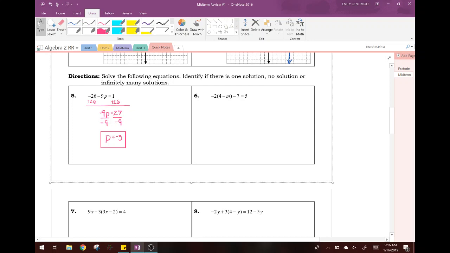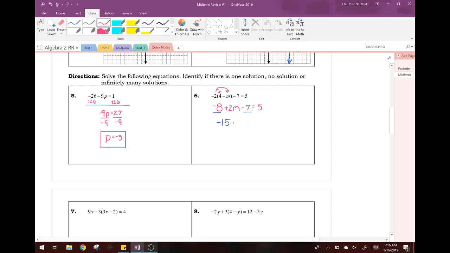In the next example, before I even get started with combining like terms, I have to distribute. So I get negative 2 times 4, which is negative 8. Negative 2 times negative m, which makes 2m. Then the minus 7 and the 5. At this point, I can combine like terms. Negative 8 and negative 7 go together to make negative 15.